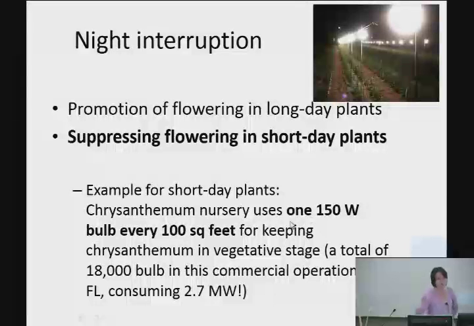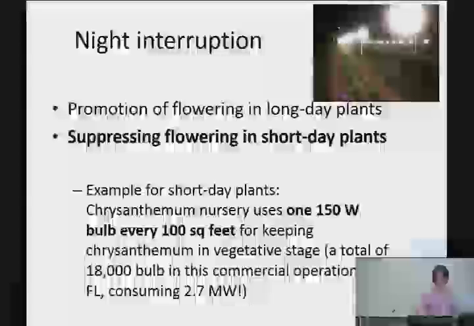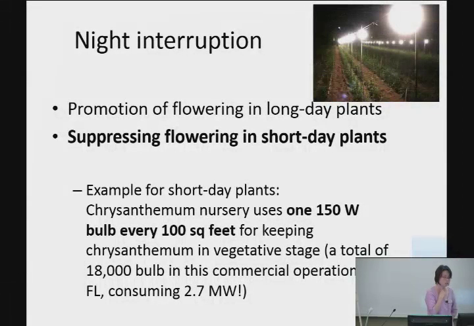So this is a traditional incandescent lamp based application. They use a 150 watt bulb for every 100 square feet, so that means a 10 square meter area. So it's not high density, right? It's very low density lighting. Every 100 square feet, they have one bulb.